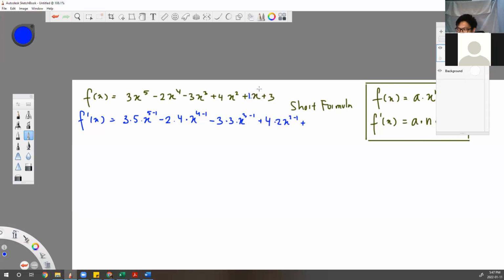If we don't have any power, 1 itself. So 1 times 1 times x to the power 1 minus 1. Plus, how about this? We don't have any x, so x to the power 0. 3 times 0, x to the power 0 minus 1. So the answer will be 15x to the power 4 minus 8x to the power 3 minus 9x squared plus 8x plus 1. And then plus 0, right? 3 times 0 times anything is 0. So ignore this. That's it.